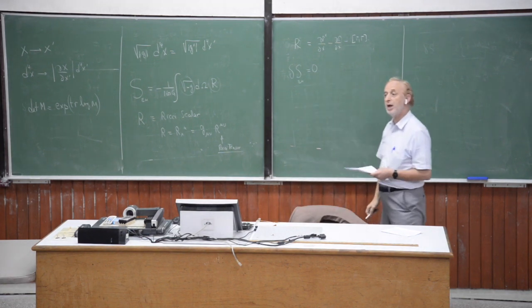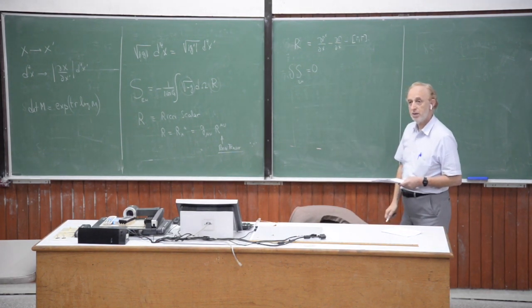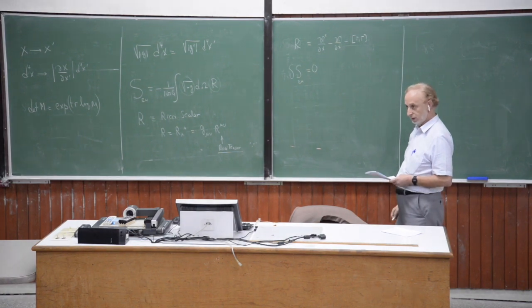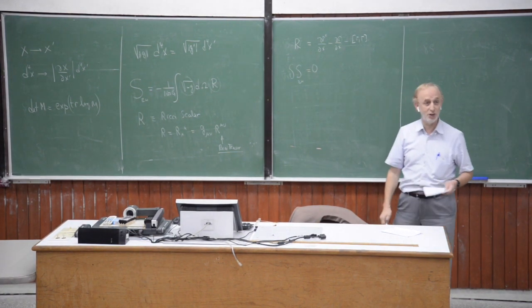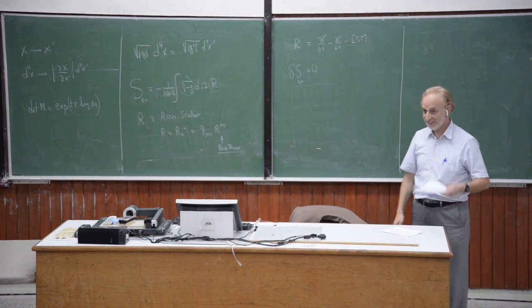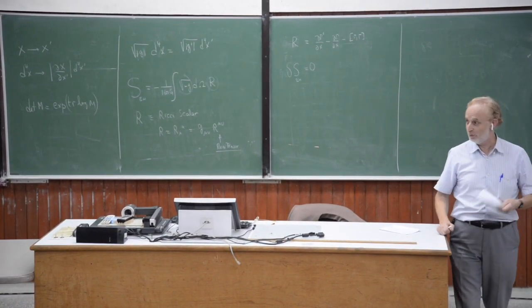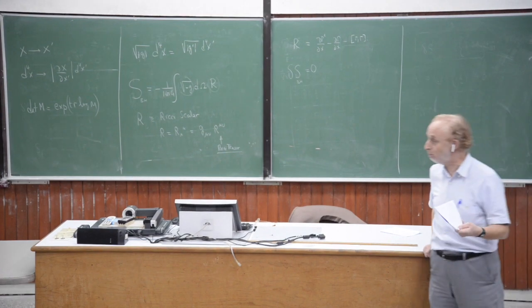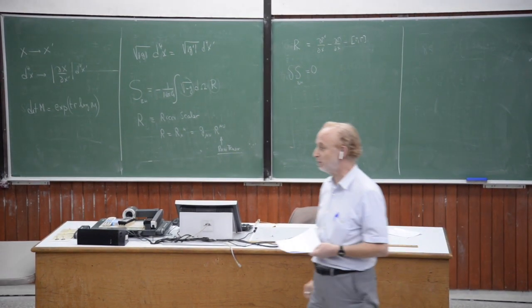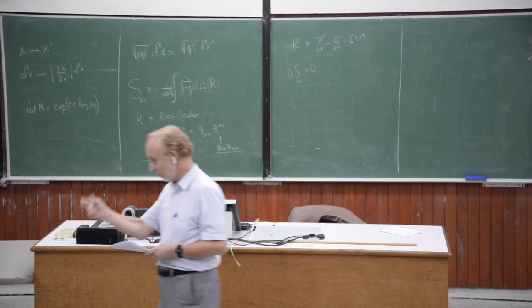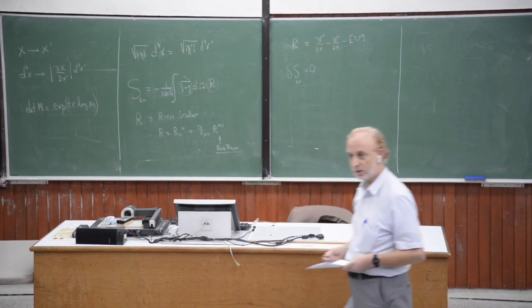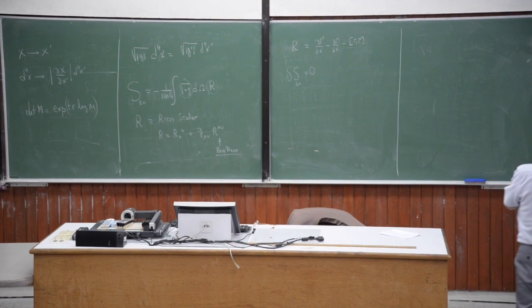Remember, the variables for the field here are G mu nu. G mu nu, like the vector potential A for the electromagnetic field, is the dynamical variable of the field. Here it is G mu nu, the dynamical variable for my gravitational field. These are the Q for the particle, if you want. Fine.